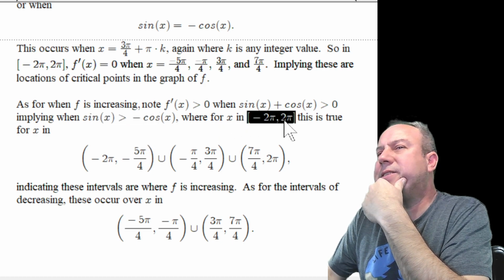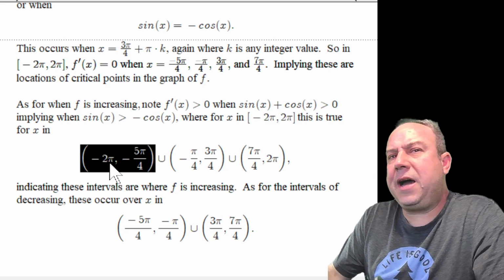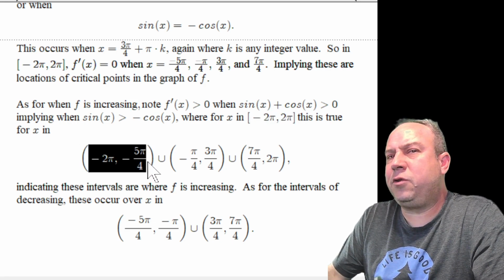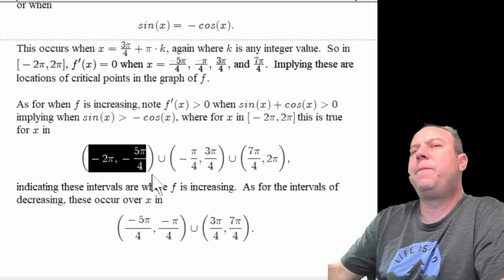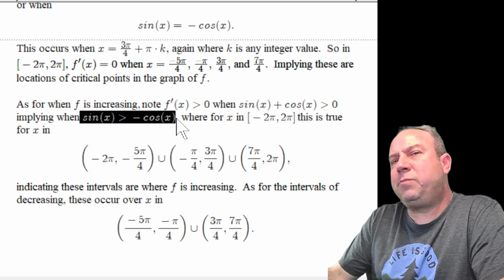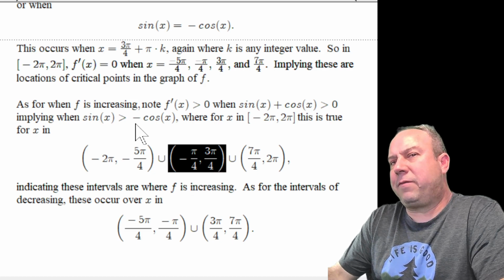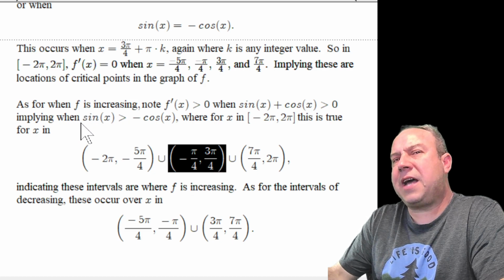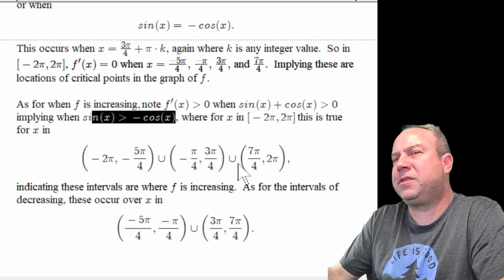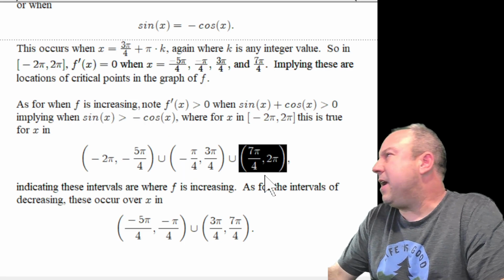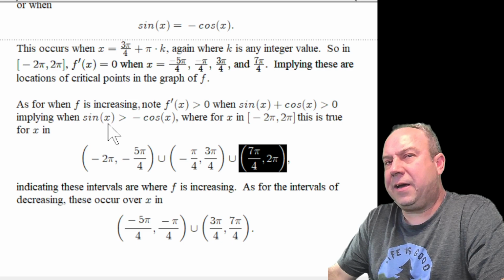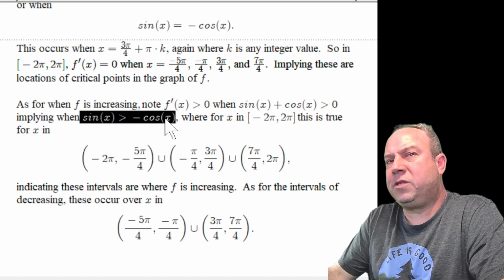For x in the interval from negative 2 pi to 2 pi, that is in these intervals: from negative 2 pi to negative 5 pi over 4, the sine of x will always be bigger than the negative cosine of x. From negative pi over 4 to 3 pi over 4, the sine of x will always be bigger than the opposite of the cosine of x. And from 7 pi over 4 to 2 pi, this statement will always be true.